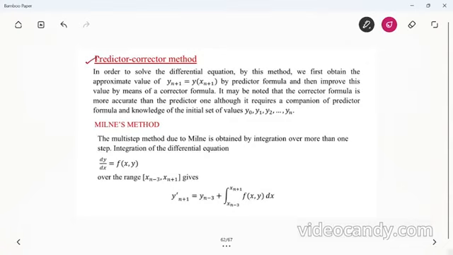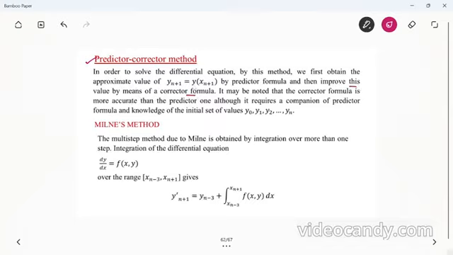Next method is the predictor corrector method. In order to solve the differential equation by this method, we first obtain the approximate value of yn plus 1, equals y of xn plus 1, by a predictor formula, and then improve this value by means of a corrector formula.